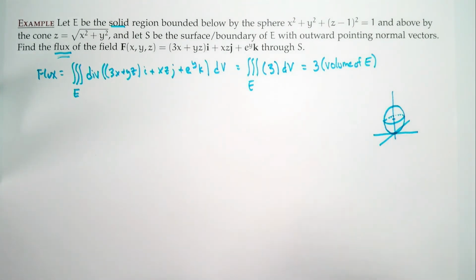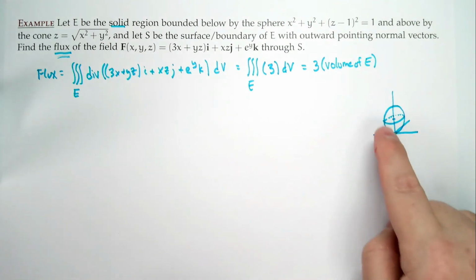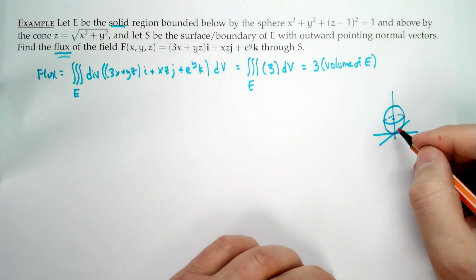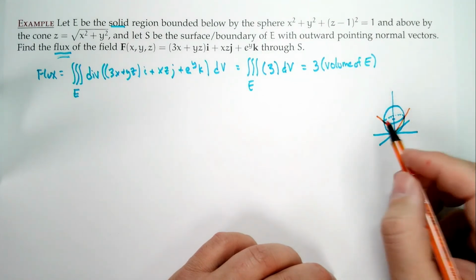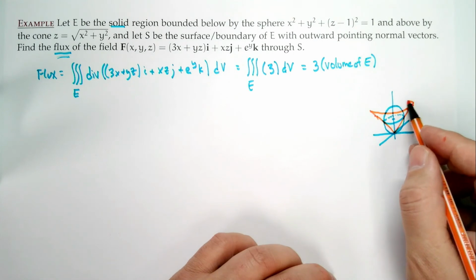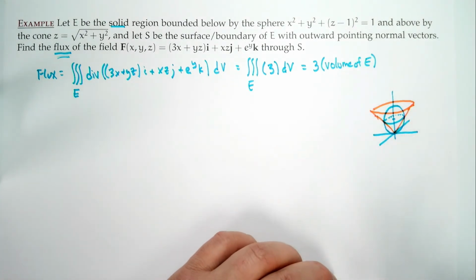Now, hold on, we're not done yet. It's bounded below. So that means the bottom part is the sphere. What's the above? And it's above by the cone, z equals the square root of x squared plus y squared. So there's that cone. That's the above.